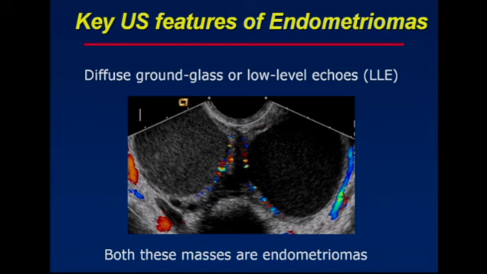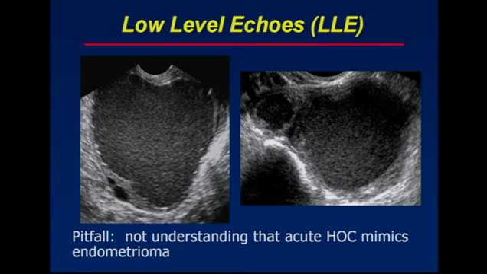So this patient, who has two masses, one in each ovary, has two endometriomas, and they're both showing the classic appearance of diffuse ground glass echoes or low-level echoes. Notice how the echogenicity of those echoes is different within each endometrioma. Here's another patient that has an endometrioma with diffuse low-level echoes.